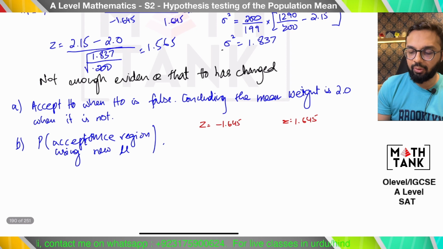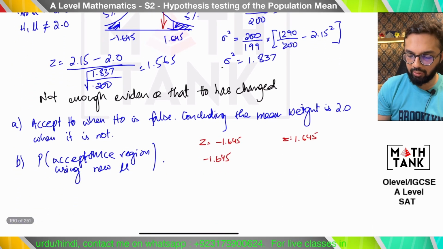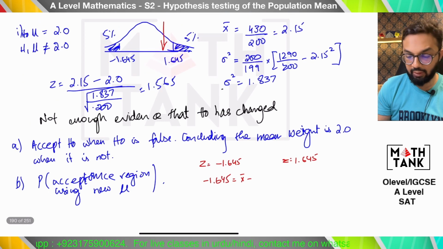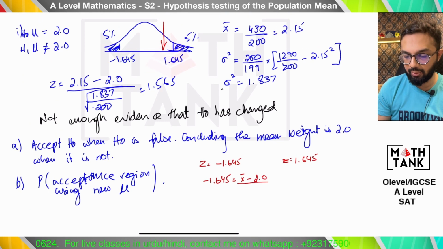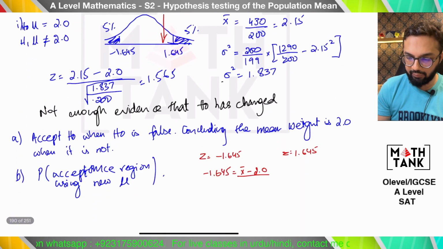Okay, so if I want to convert these, and you see the variance is also changed, I'm going to say that the rejection region was x bar minus, from the previous question, 2.0, divided by root of 1.85 divided by root of 200.